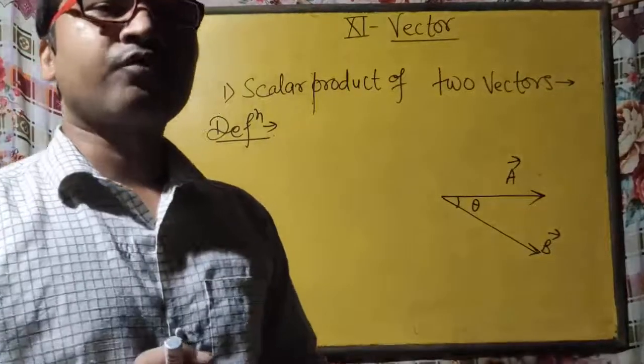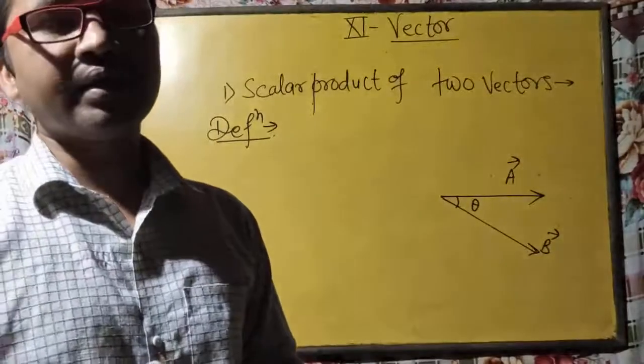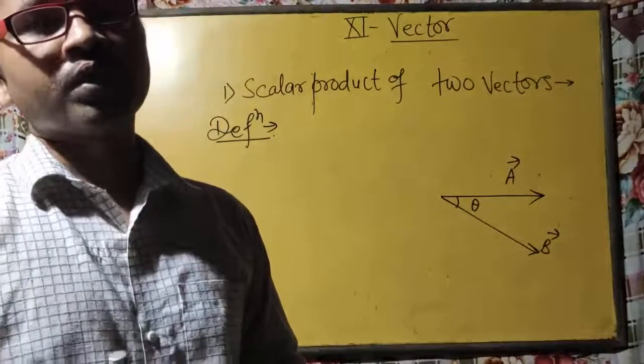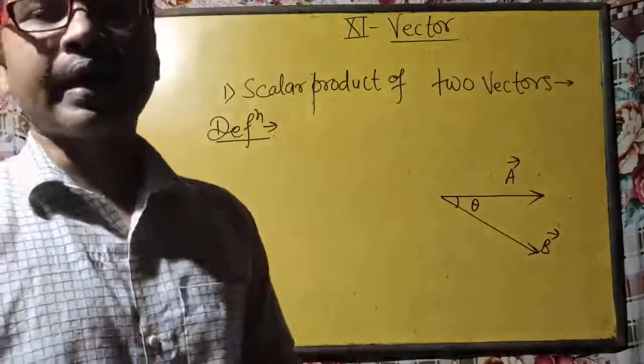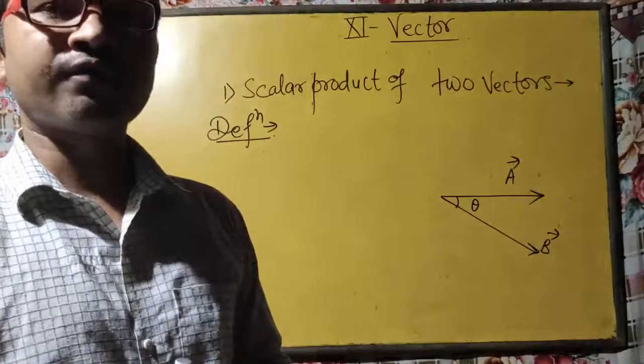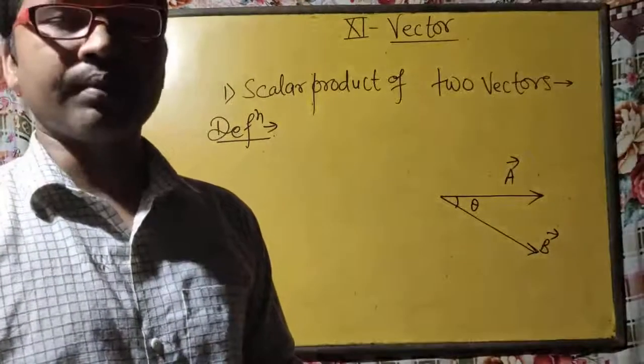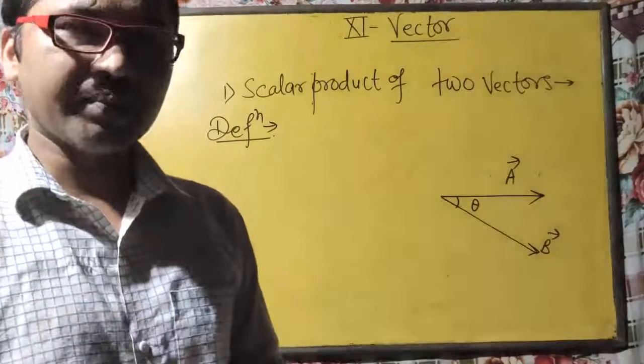the product of two vectors is equal to the product of the magnitudes of the two vectors and the cosine of the angle between them. Let me repeat the statement.